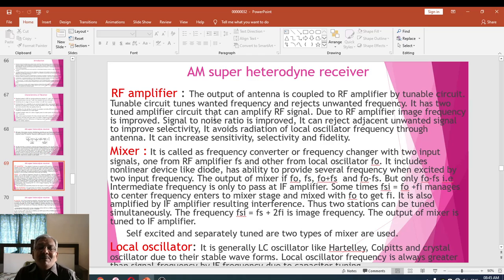Friends, this RF amplifier has a very wide bandwidth to accept all the signals which lie within that bandwidth. That signal is amplified by several stages used in an RF amplifier. It may be a common emitter amplifier or multi-stage amplifiers to achieve the required amount of gain.